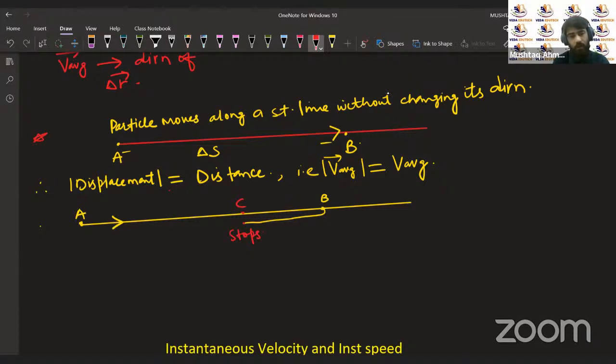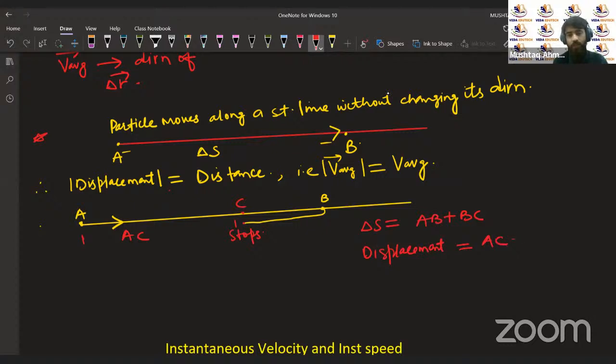So here the magnitude of the total displacement will be equal to AC, right? And the total path length, that's delta S, will be equal to A to B and then B to C. So AB plus BC will be the total path length, right? But the displacement will be AC only.